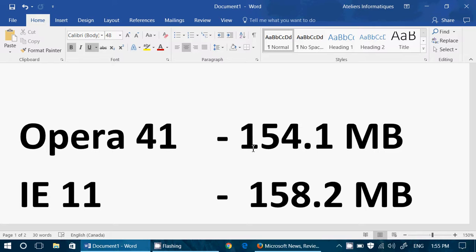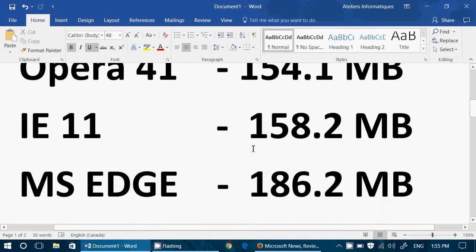Sometimes Internet Explorer 11 was lower than Opera. Sometimes Opera was lower, and it swings by 15 to 20 megabytes at times. So we could say that both of them are pretty much in the same lowest memory usage, basically.